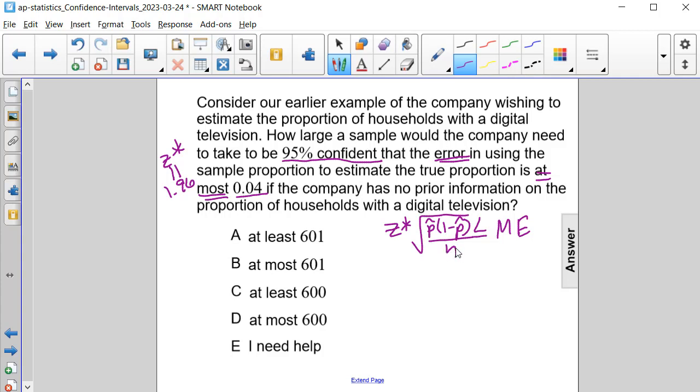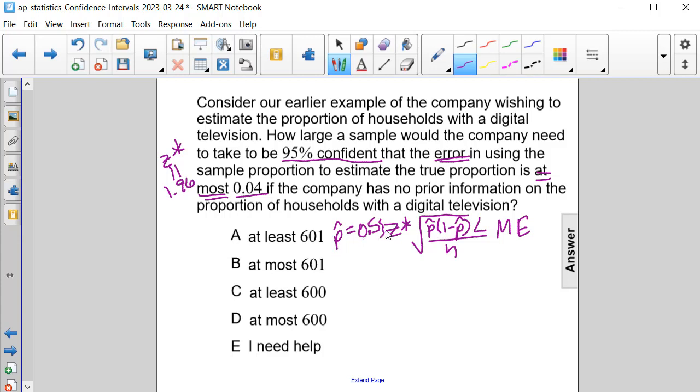Well, we're looking for n. We have the margin of error. We have our critical value, Z star, but we don't yet have our sample proportion. So our effective guess for our sample proportion, p-hat, is going to be 5/10ths, which is equivalent to 50%.